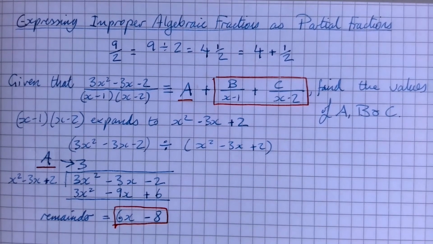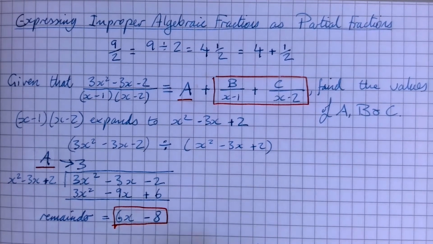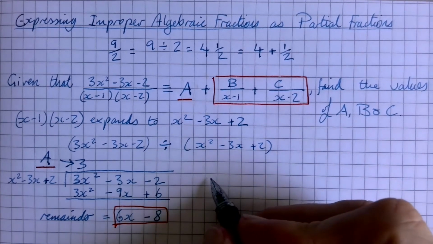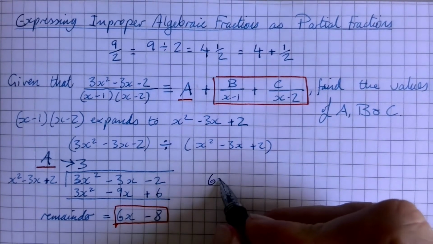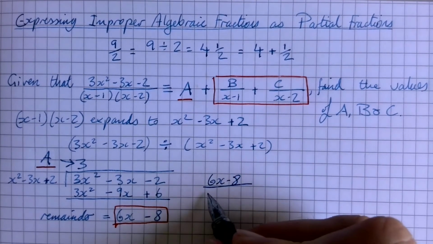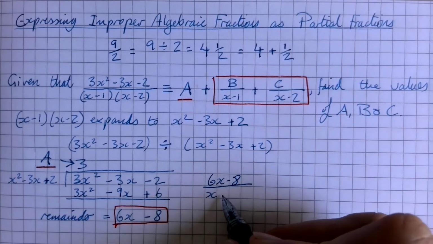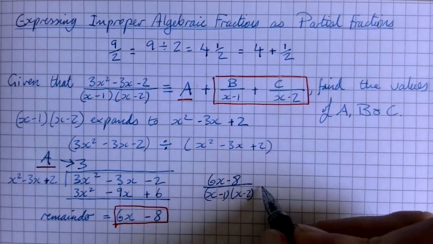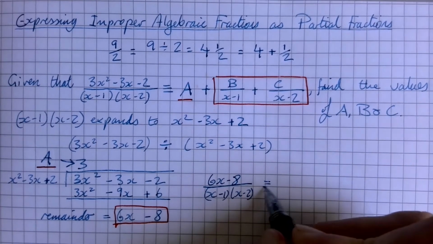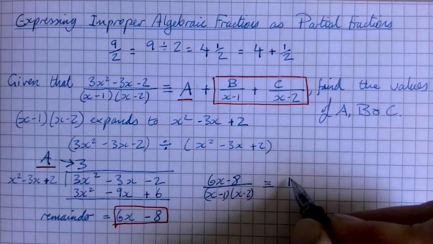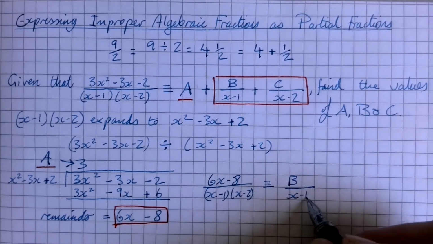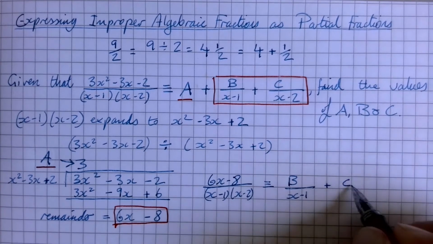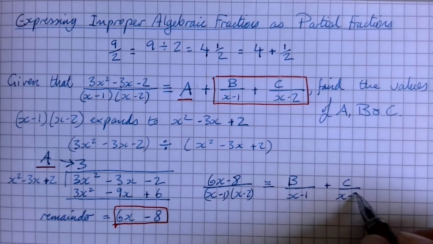So what we can say is that if we just forget about the a for now, what we are wanting to do is 6x minus 8 over (x minus 1)(x minus 2) is going to be identical to b over x take 1 plus c over x take 2.